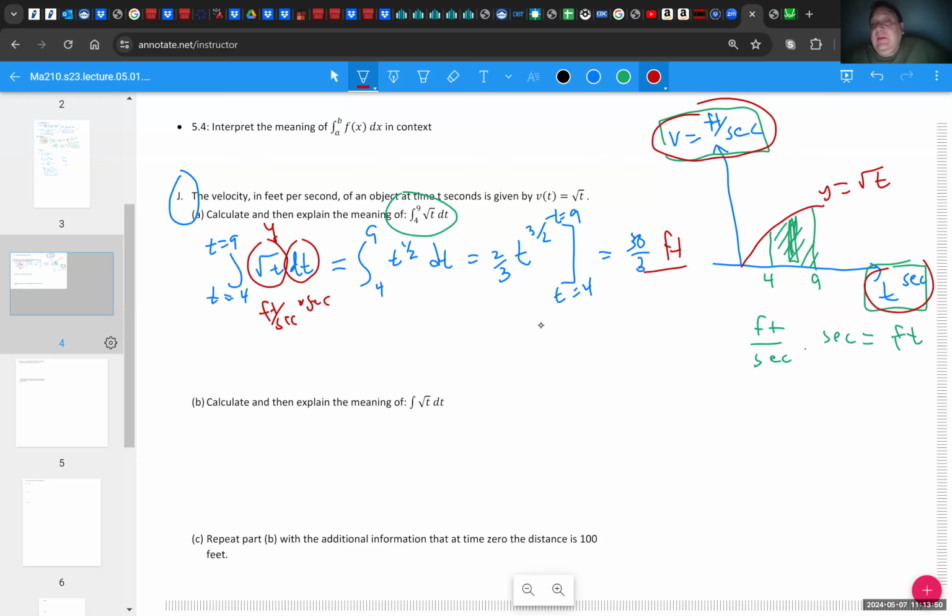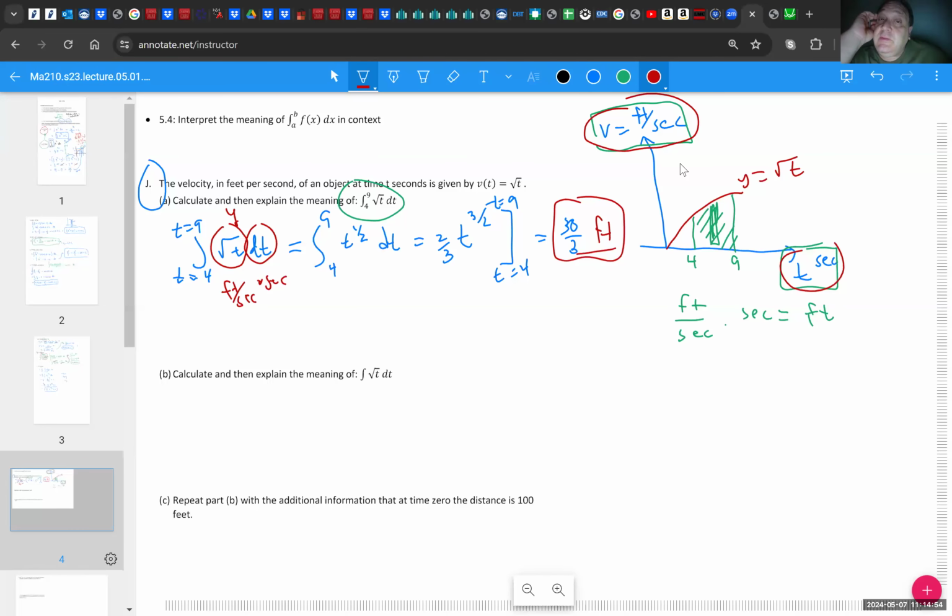What does that really mean in this particular context? Each of these numbers should have some units. The 38 over 3, whatever the number is here, is going to be the number of feet. And all the other numbers also have units.